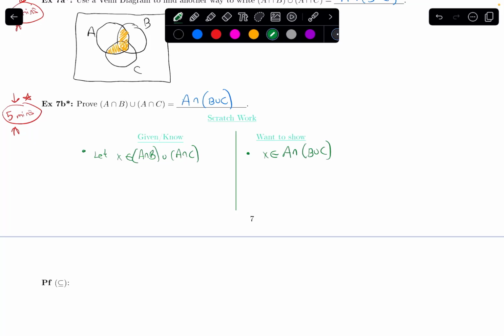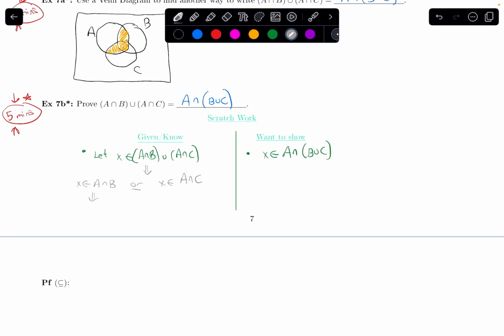Okay, so let's try to break these down a little bit. If this is what I get to assume is true here, because I have a big union, that means X is either in A intersected with B or X is in A intersected with C. Now that's going to give me two cases. The fact that X is in this intersection means X is in both of them.